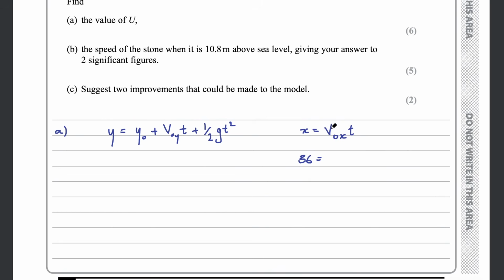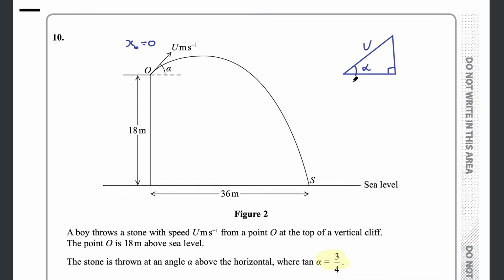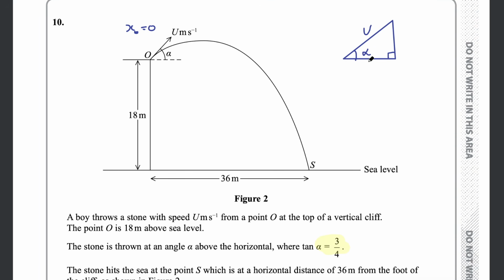The initial velocity along the horizontal axis, I've kind of talked about that already. So we know that tan alpha equals 3 on 4. Remember, tan alpha is the opposite over the adjacent side. So this is going to be 3 on 4, the ratio of those sides. That means the hypotenuse will be 5.